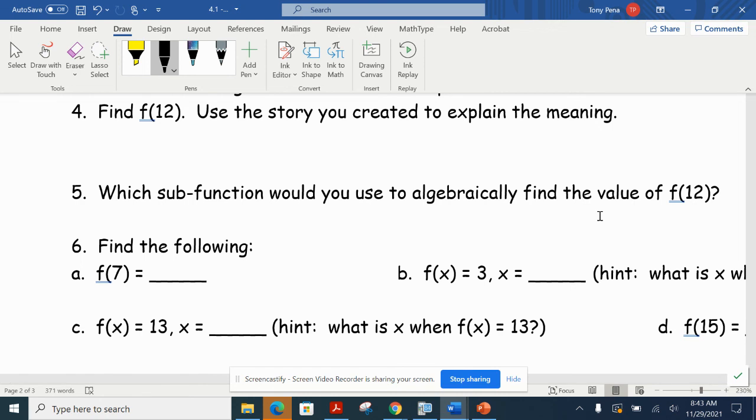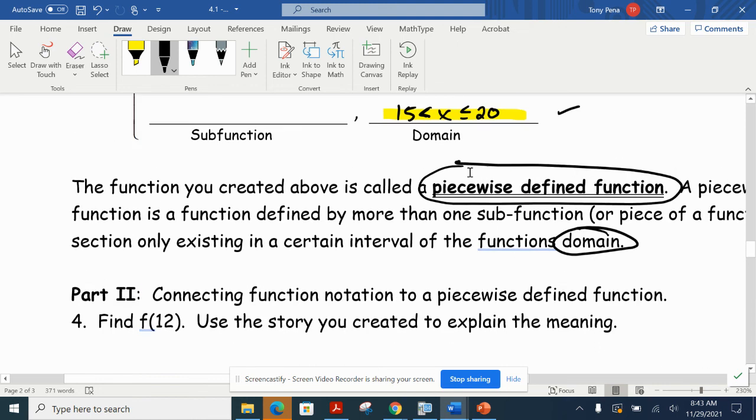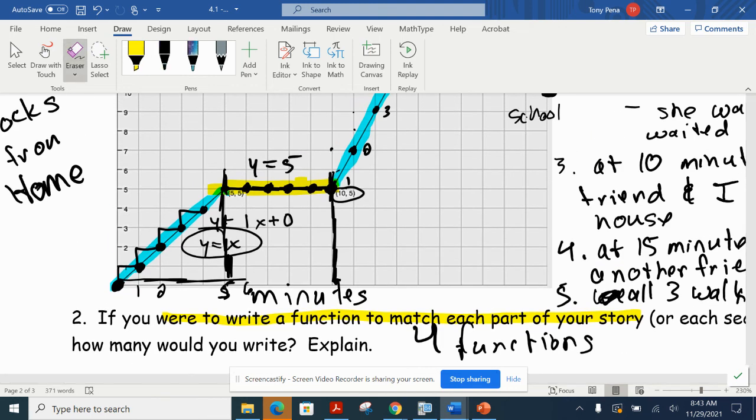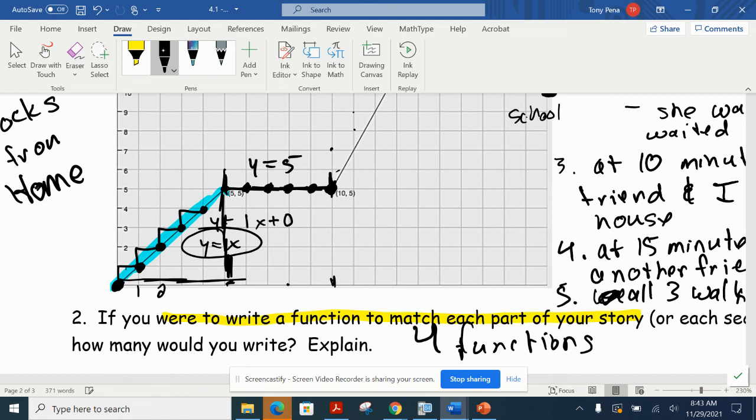All right, so there's 2 ways to find f of 12. One, just look at your graph. If you remember, f of 12 means, let me clean up my graph a little bit. I am going to go to 12 minutes. So here is 10, and then 11 and 12. So here is 12 minutes.